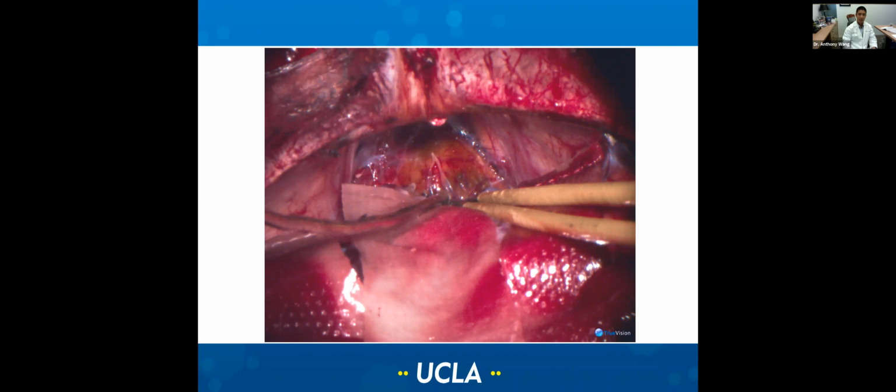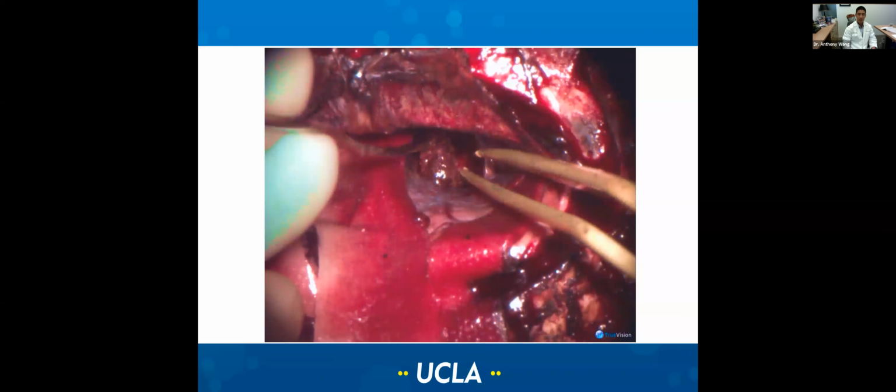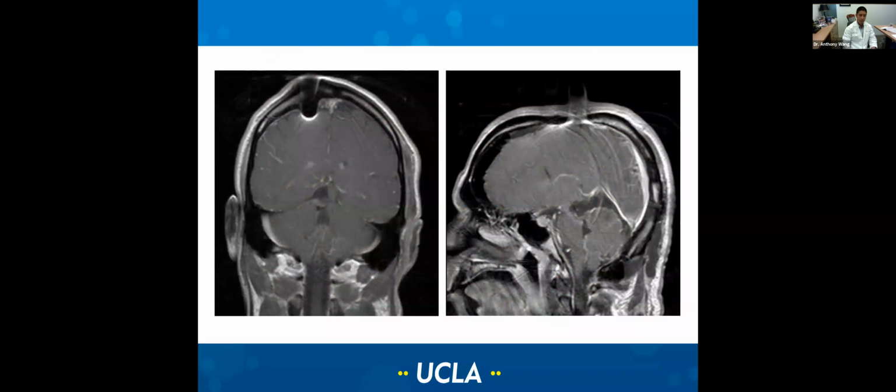You can see a little bit of that coming right up to the surface of the dorsal brainstem there. And then here's the lesion dissected right around the outside, and as you can tell, it looks basically just like a mulberry coming out. And now that is gone.